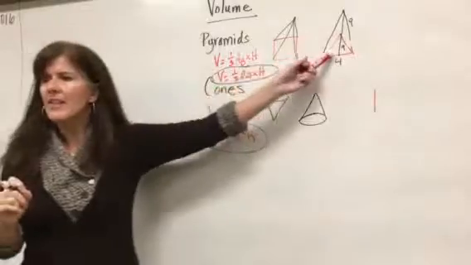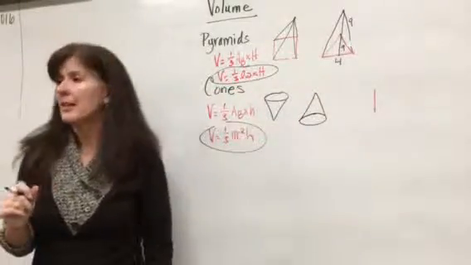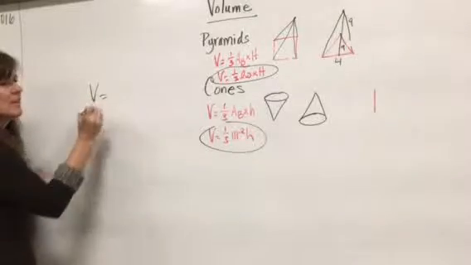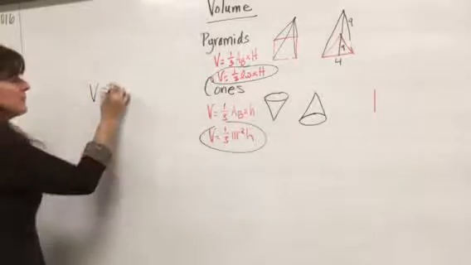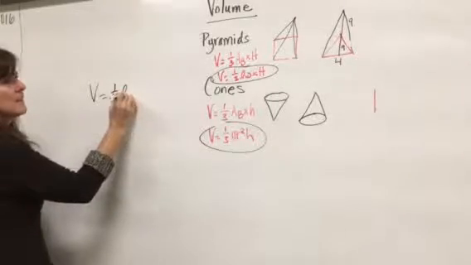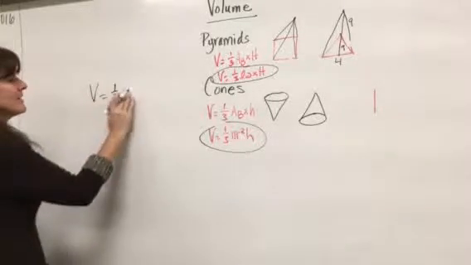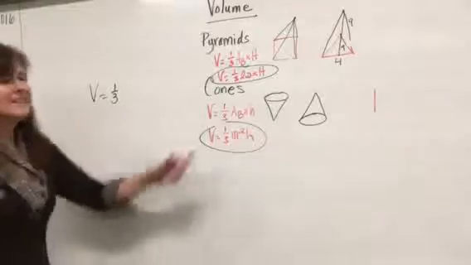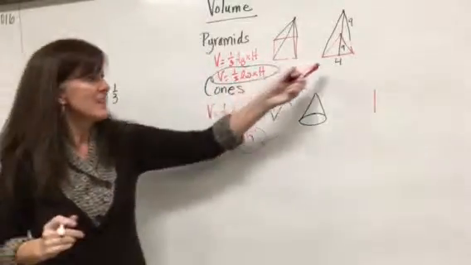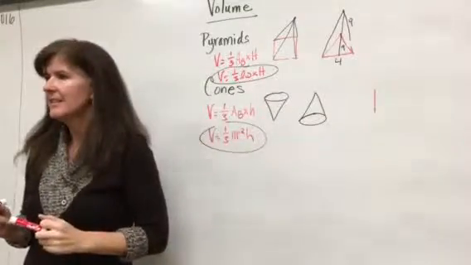Go ahead and try to figure out the volume of that pyramid. First thing I'm going to do is write down the formula, 1/3 length. Oh, no, sorry. This is a little bit different. We need to add another formula here.